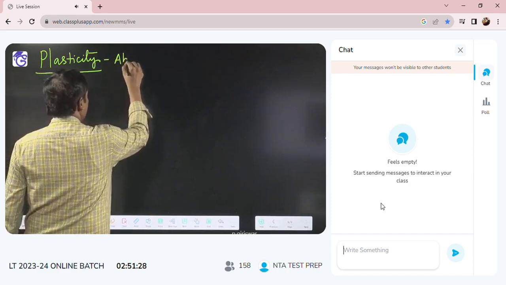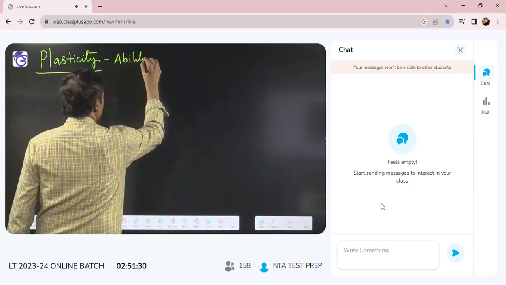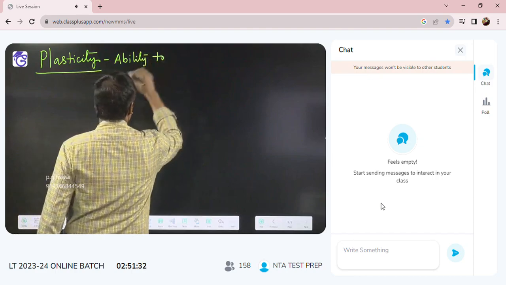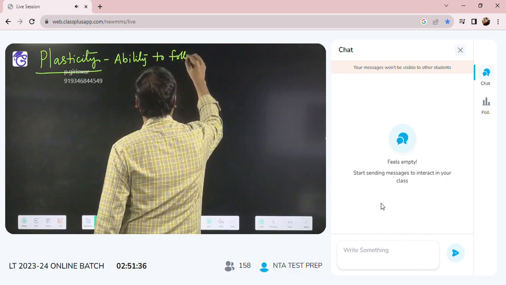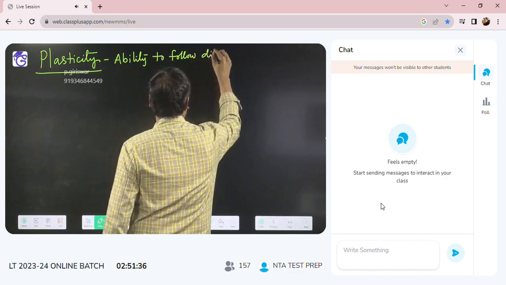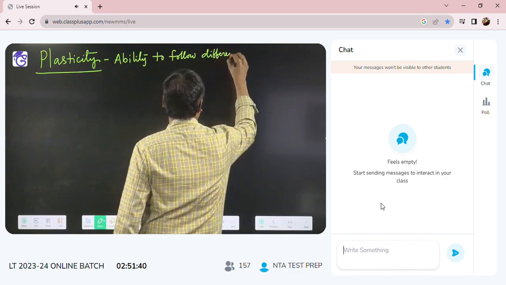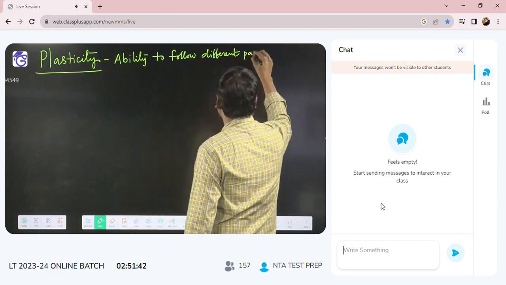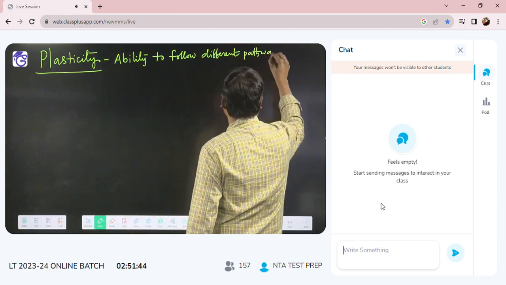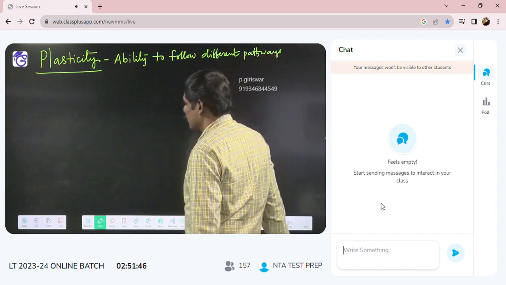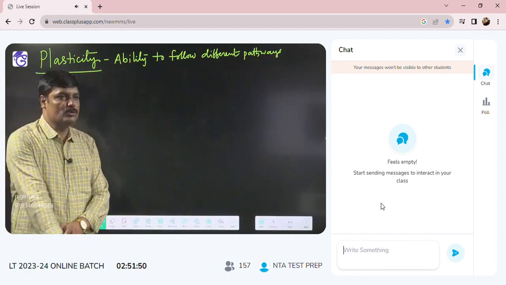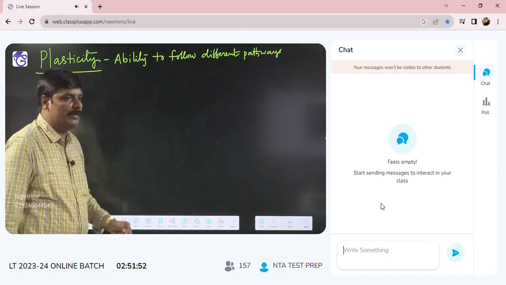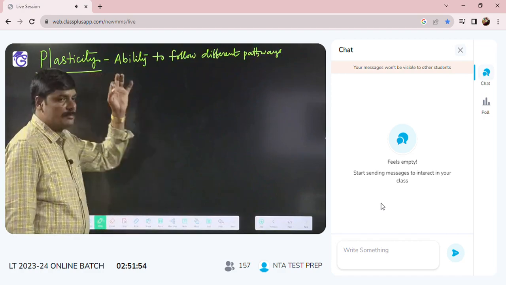Ability to follow different pathways due to changes in the development or due to changes in the environment is called plasticity.